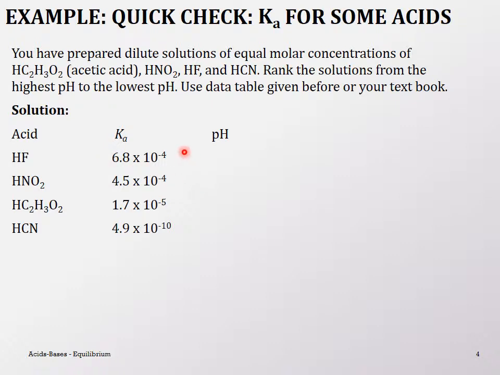So you're looking for something that has high concentration, which means a lower negative number. Higher negative number means that you have a low concentration. So HF then becomes the highest for the acidity, and HCN becomes the lowest. And again, the highest pH here has to do with acidity. High pH does not mean that you have a higher number. Higher here indicates acidity.